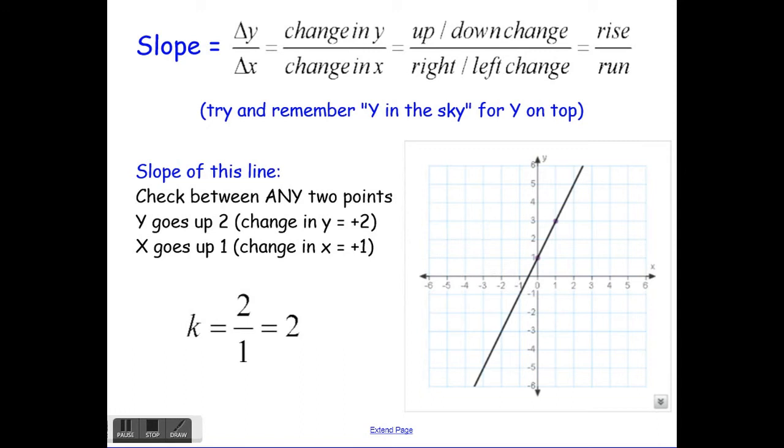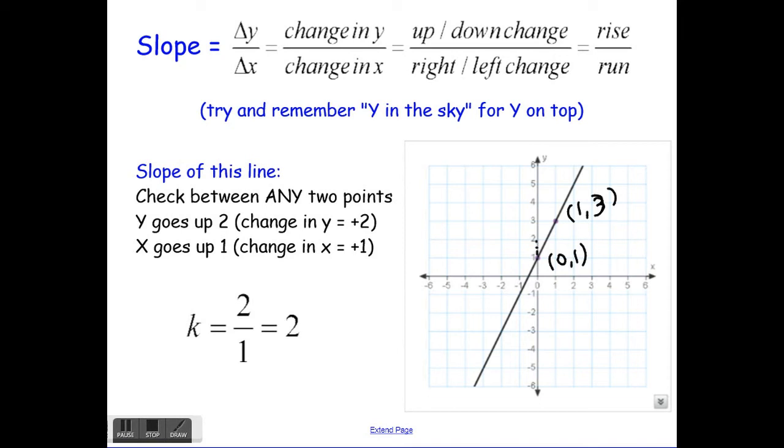So here, I know it's tough to see, so I will fill in these points. This point here is 0, 1, and this point here is 1, 3. Okay? So I'm going to use those 2 points to find the slope of that line. This is how it works. I start at my first point, and I look to see where the y goes.